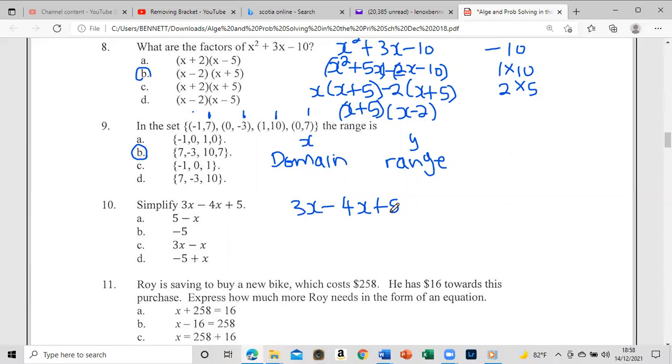So how would that go? Don't tell me the answer. So x plus 5, I don't know. I don't have your answer on the screen because your answer is not right. So you work this out.